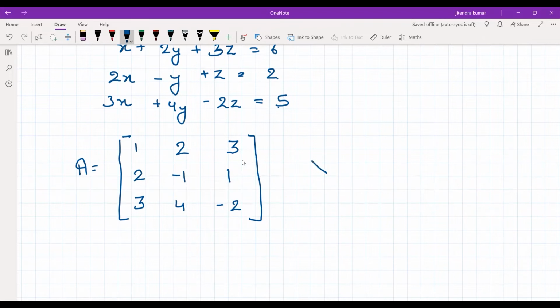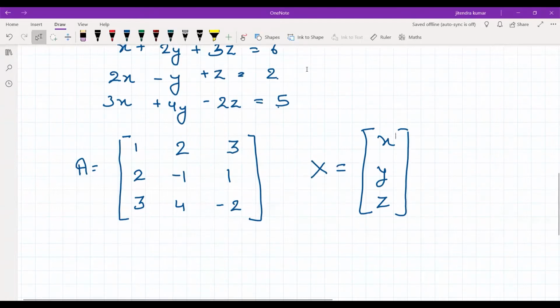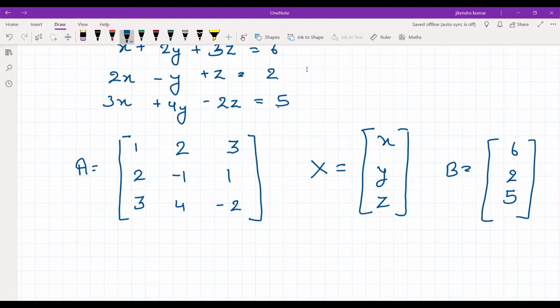Then X will be equal to [x, y, z], because x, y, z are the variables here. Then our B matrix will be equal to [6, 2, 5]. So we have taken all three required matrices here.